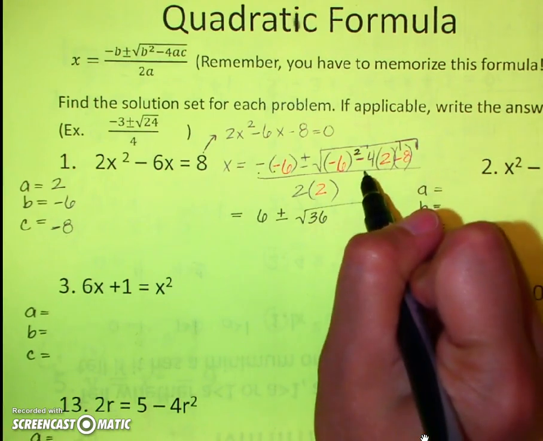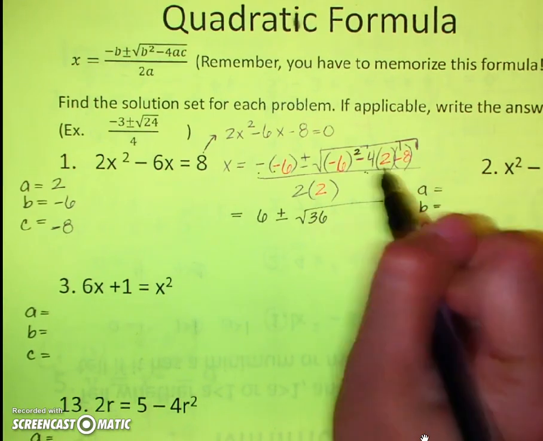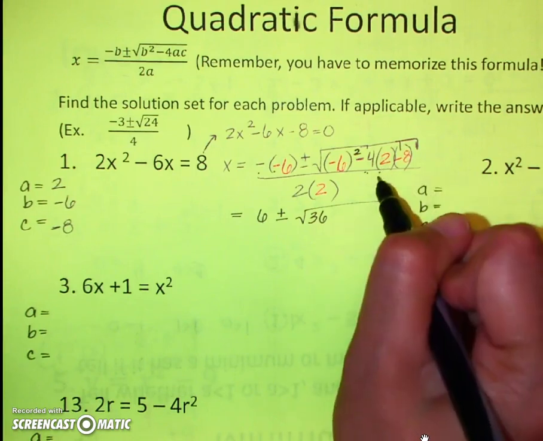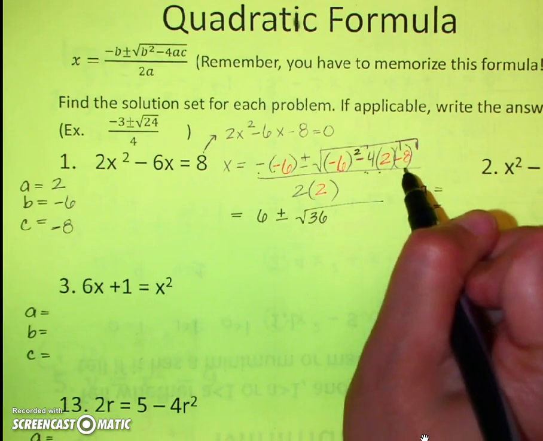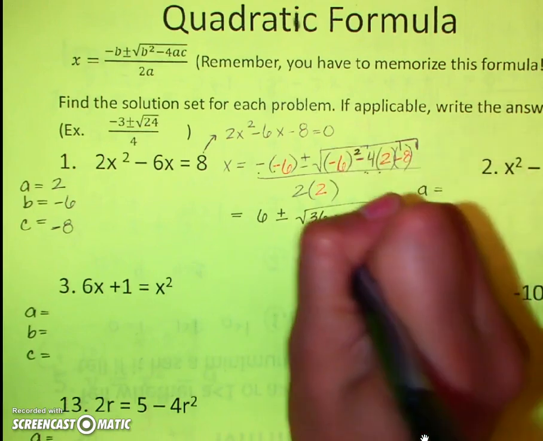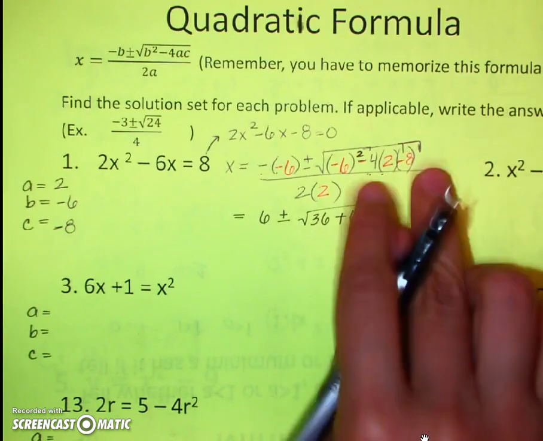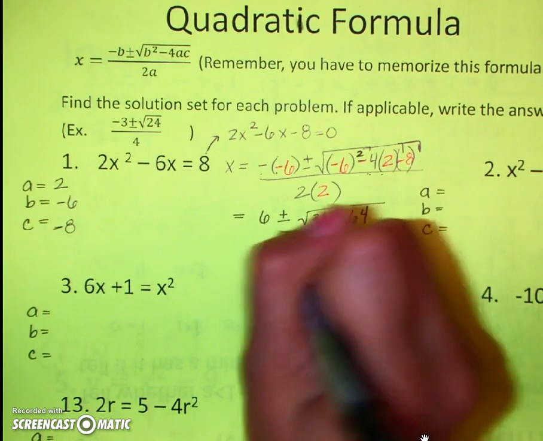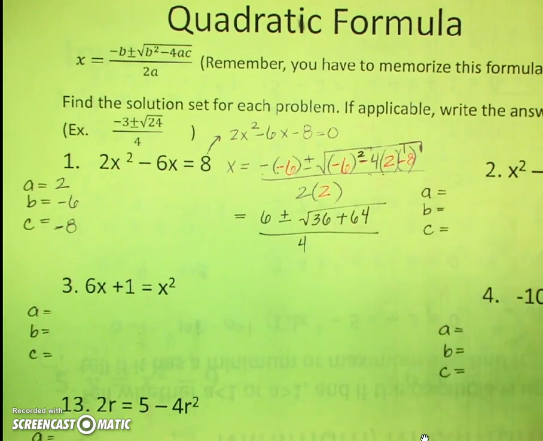And then -4 times +2 gives you -8. And I still have to multiply -8 times -8, so you get +64. When you multiply two negative numbers together, you get a positive number, all over 4.